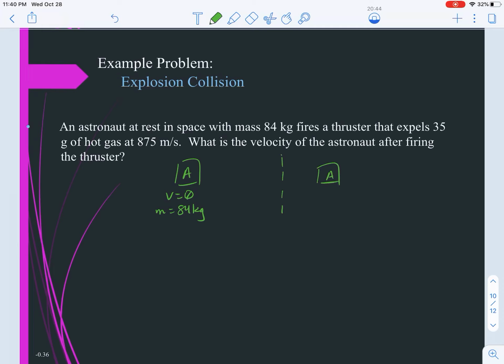So initially the astronaut has no velocity. Afterwards, the astronaut's going to have some velocity, and they tell us that the gas inside of the thruster is going to have a velocity of 875 meters per second, and we have a mass of, this says 35 grams, so we're going to convert that to kilograms.